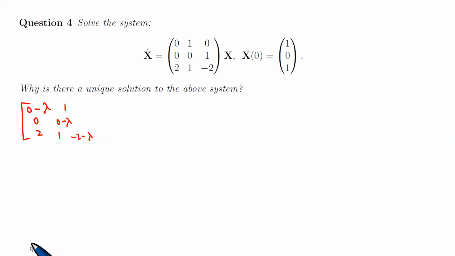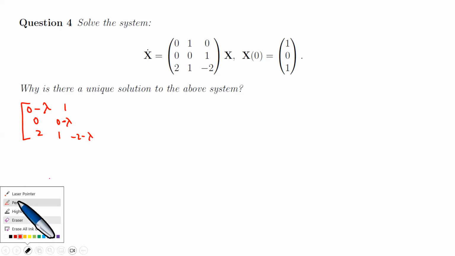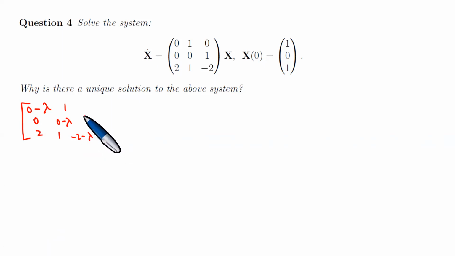Okay, so we have this. Ideally, we take the determinant of this matrix normally, but obviously first we find the matrix and then we take the determinant.